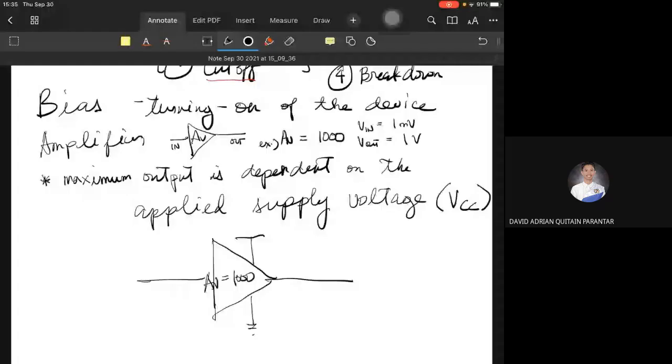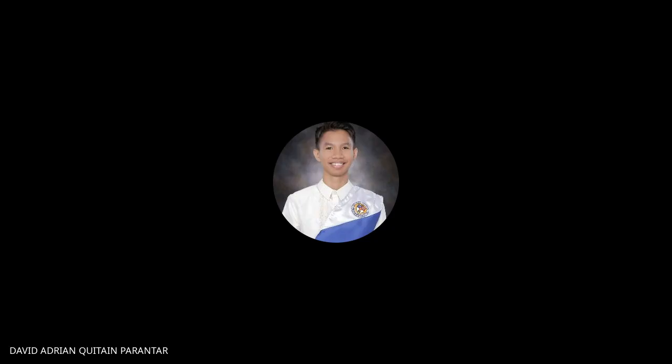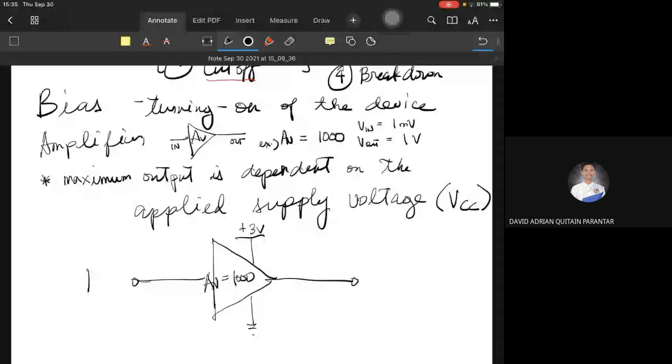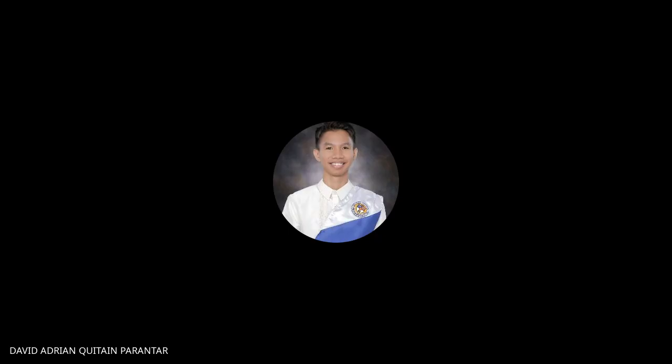It's okay if the input is 1 millivolt, so the output is 1 volt, which is less than 3 volts. But if the input is 5 millivolts with a gain of 2,000, it is expected that the output would be 5 volts. But it can't, since the supply is only 3 volts. It will be clipped.